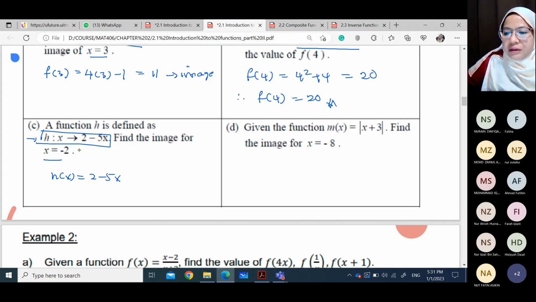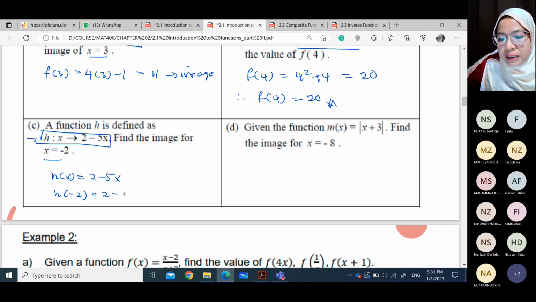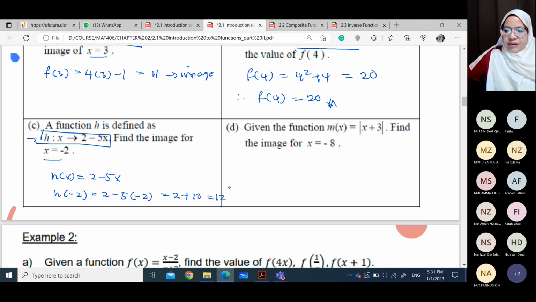Okay, so soalan minta image for x equals to negative 2. So we just substitute x into negative 2 and then we calculate. So here we have h at negative 2. It is equivalent with 2 minus 5 times negative 2. So jawapan dia adalah 2, negative, negative, then we have positive. So 5 times 2 is 10. So the answer here is 12. Right?